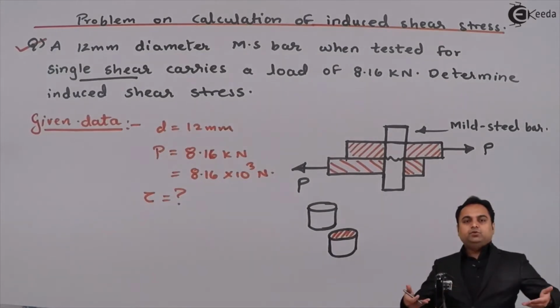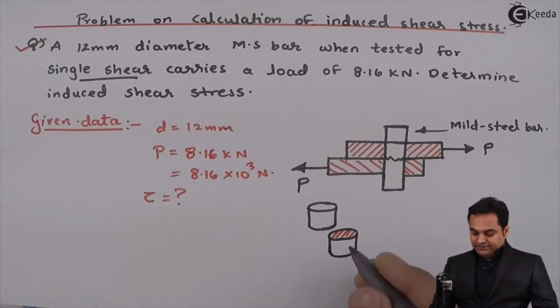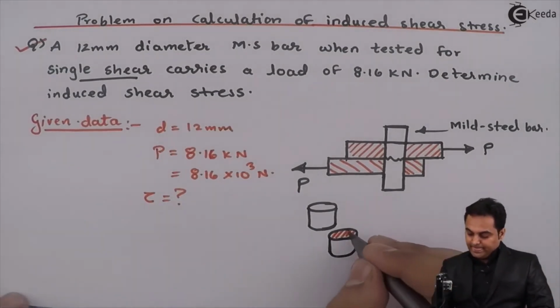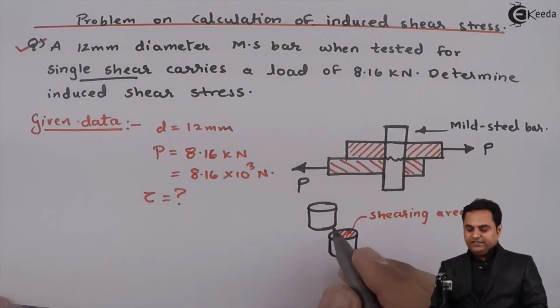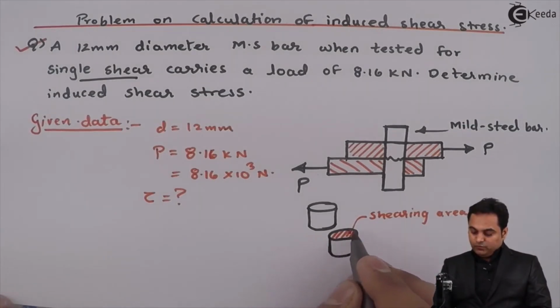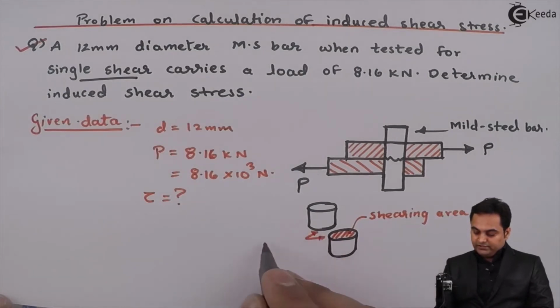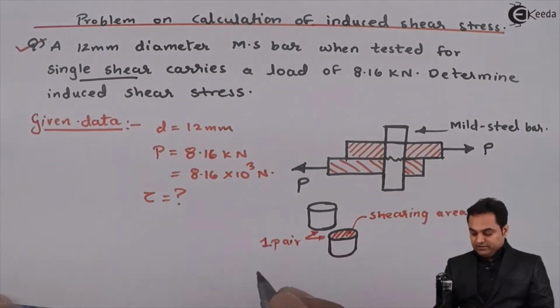It will break into two halves, and this area which we are getting, this is called as the shearing area. Since here we are getting one pair of area, one area here, other here, in this case it is called as single shear.